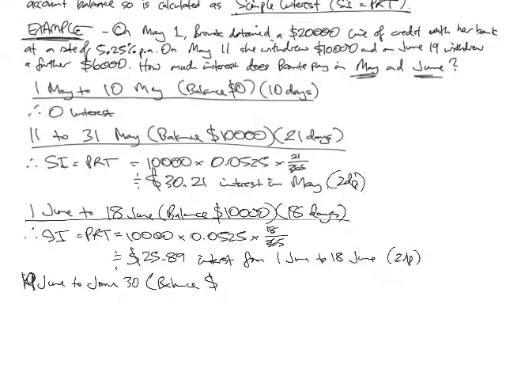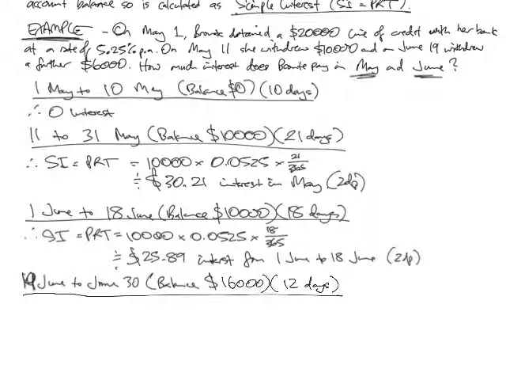If she's used 10,000 to the 18th of June, and then she withdraws a further 6,000, her balance is going to be 16,000. And that is going to be for the 19th of June to the 30th of June. So 19, 20, 21, 22, 23, 24, 25, 26, 27, 28, 29, 30. So that's 12 days where her balance is at 16,000.